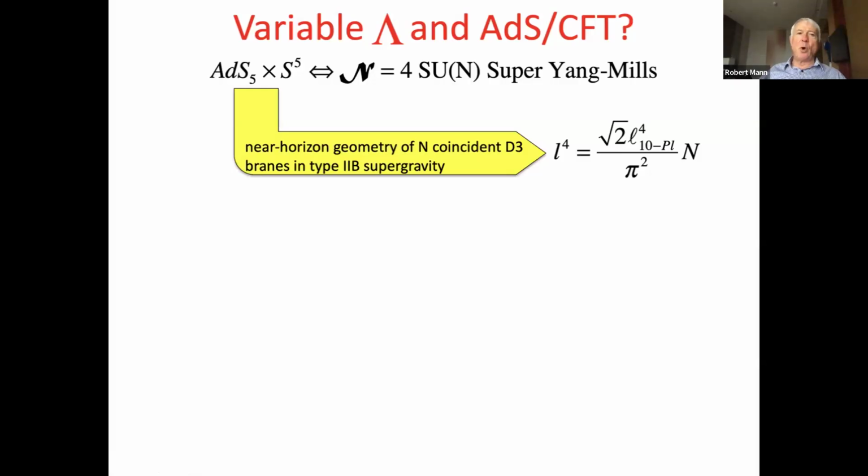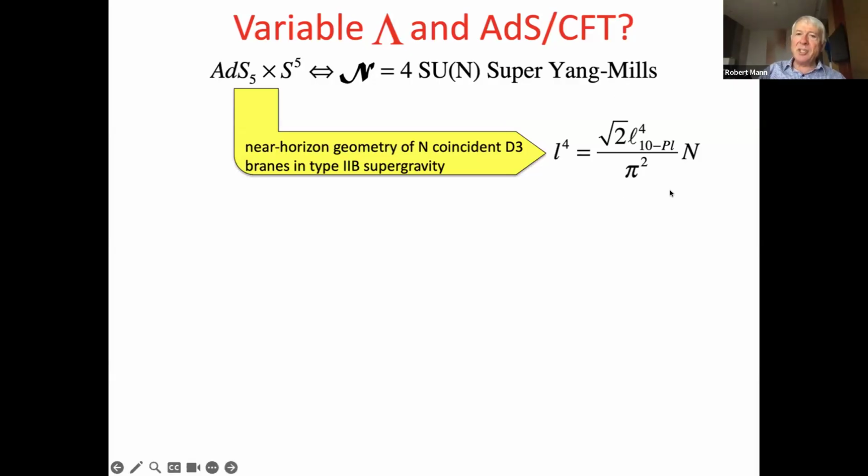But in the original form, it was that a gravity theory formulated on AdS5 × S5 was dual to a non-gravitational SU(N) super Yang-Mills theory that had N=4 supersymmetry. And there have been thousands of papers written on this, as I'm sure the audience knows.